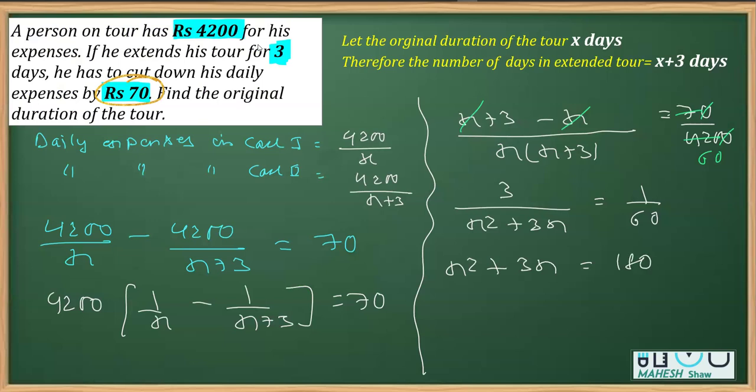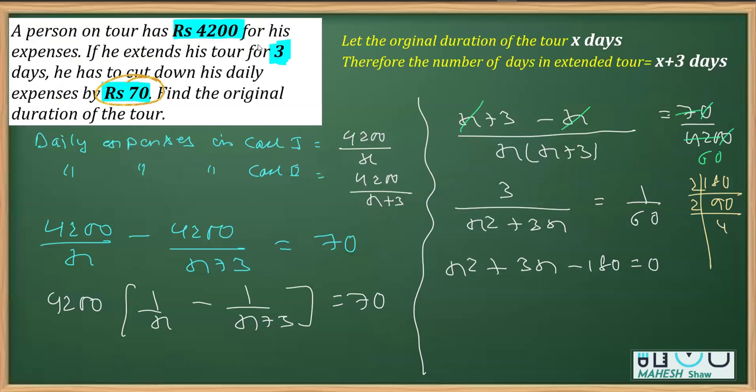Now if I transpose 180 to the left-hand side, it will become minus 180, so X squared plus 3X minus 180 is equal to 0. Now from the factors of 180, we have to obtain 3. So let me show you the working here. If I factorize by 2, it is 90.